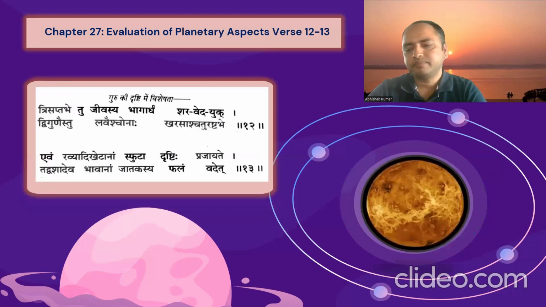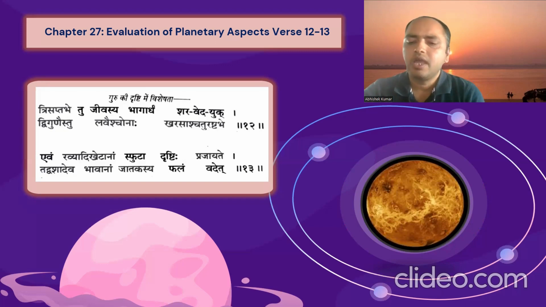And for Gurudev. Now Maharshi is revealing how to find the aspectual value for Gurudev, because these three planets are being treated as an exception in finding the aspectual values. Trisaptavetu jivasya bhagartham sarvedayuka duigunairastu lavainsyona harasas chaturastave.